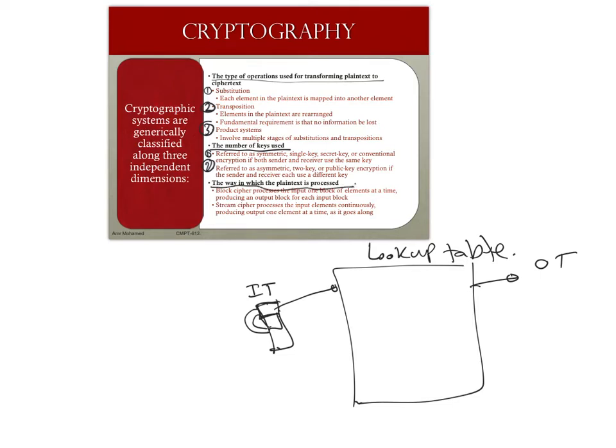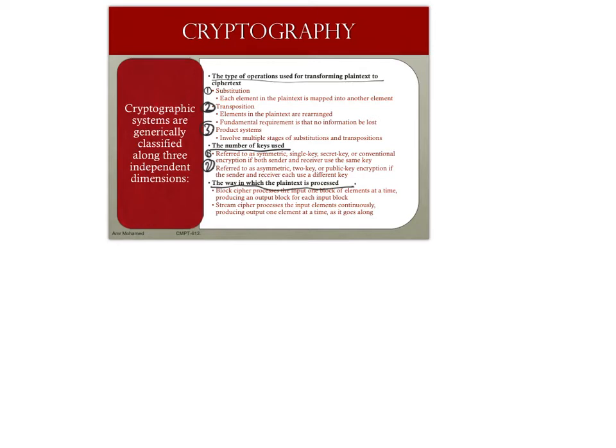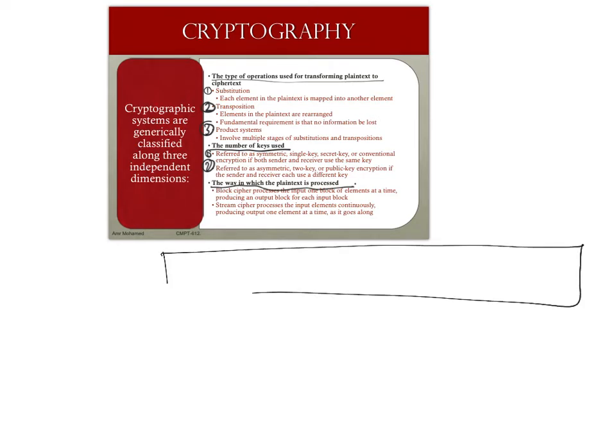The third one is the way in which the plain text is processed. In this categorization, we either have block cipher or stream cipher. By block cipher here, we mean that we take the input text and we divide it. Let's say this is an image, just to make it relevant to assignment 2. So let's say that this input text is a big image, and then we will divide it into blocks.